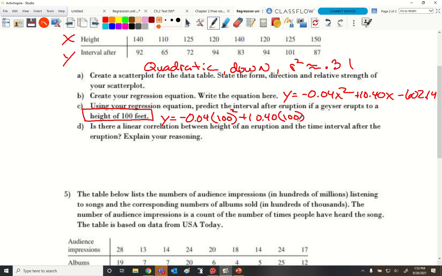There we go. Minus 602.14, which is going to give me about 77.